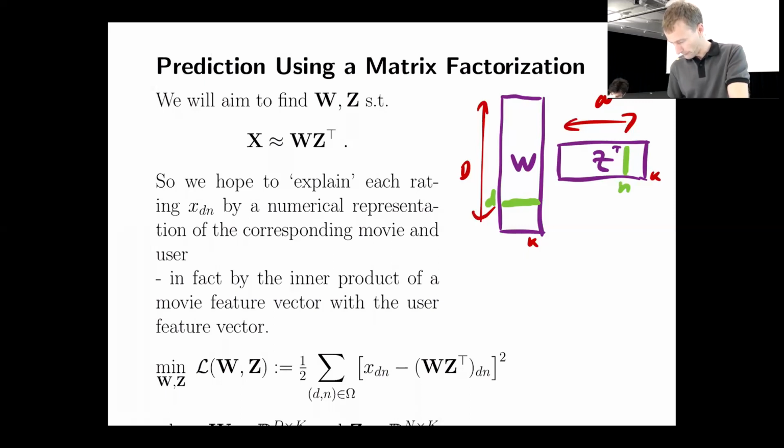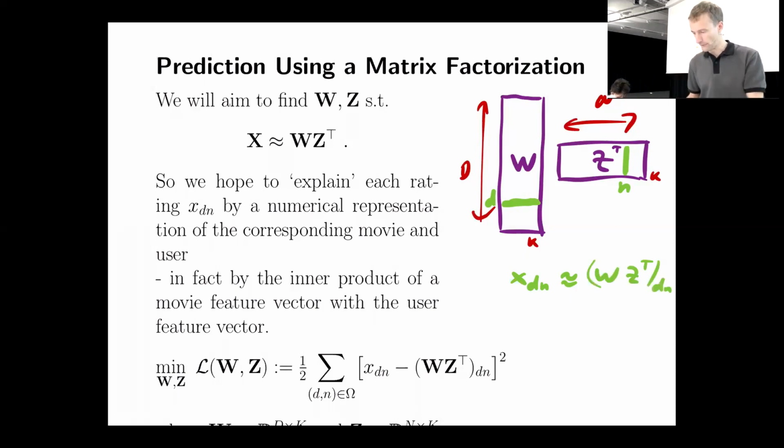So we hope that the rating that this movie got from user n is roughly the inner product, the dn entry of W Z transpose, right? So you just try to approximate the whole X with this product of the 2 matrices. Does this make sense?